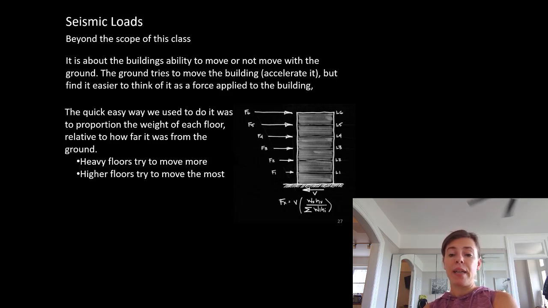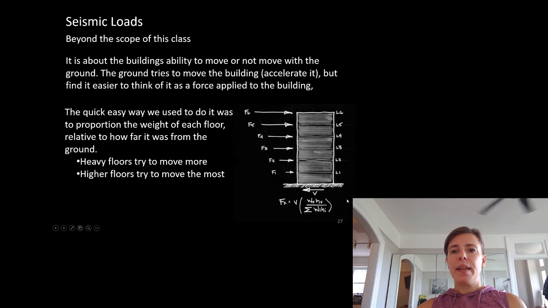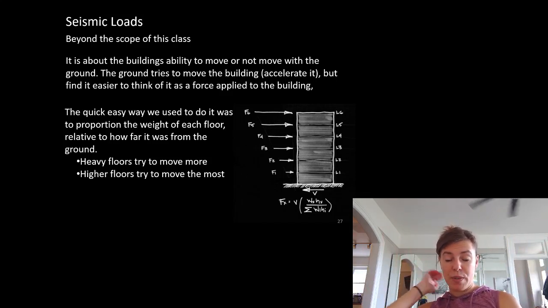One of the things we can't do is have a weak story. What that means is if we have a rigid, stiff building up here, then this floor down here has enough lateral load resisting system, or the thing that stops our building from tipping over, to resist all the loads, but it is much weaker than the floors up here. It doesn't matter that this is strong enough, we're not allowed to do it.